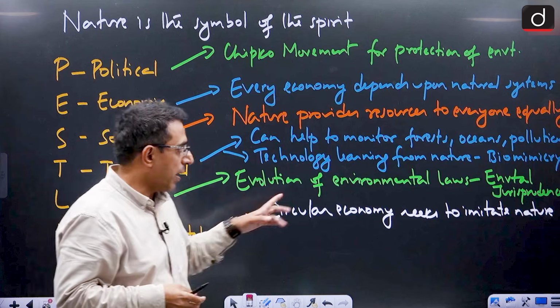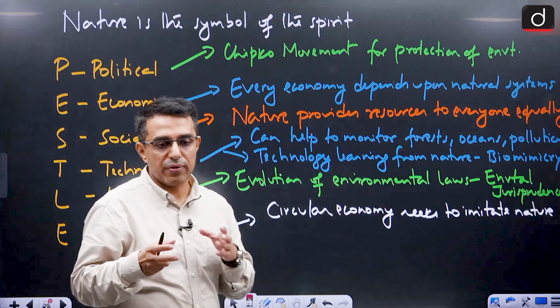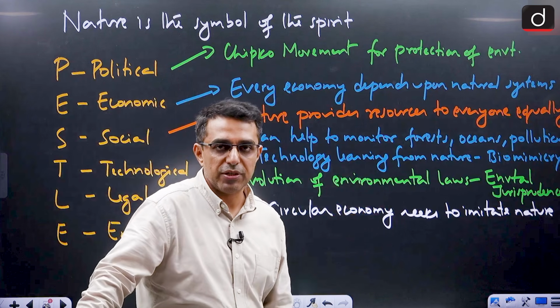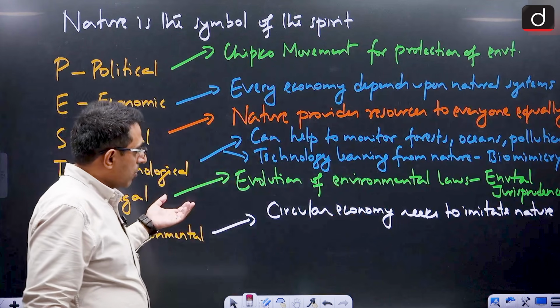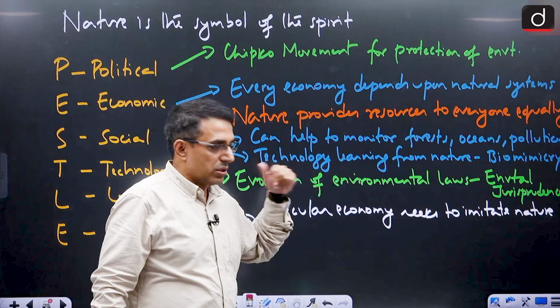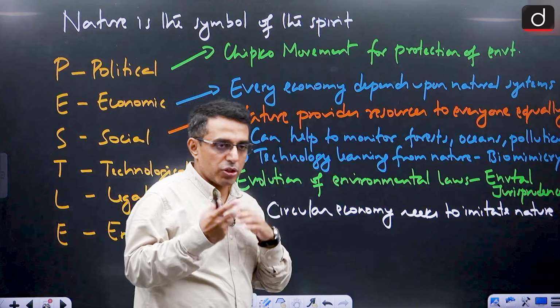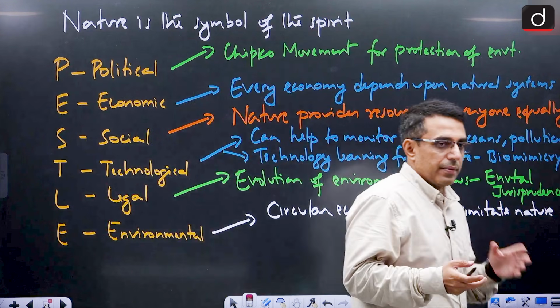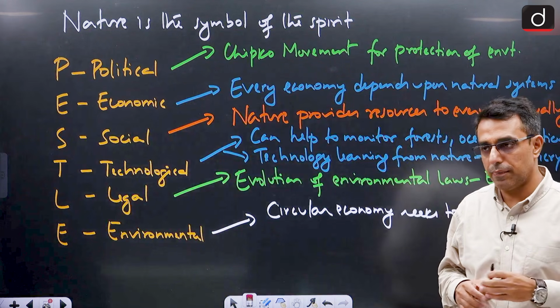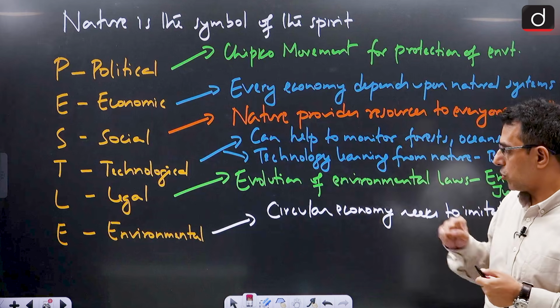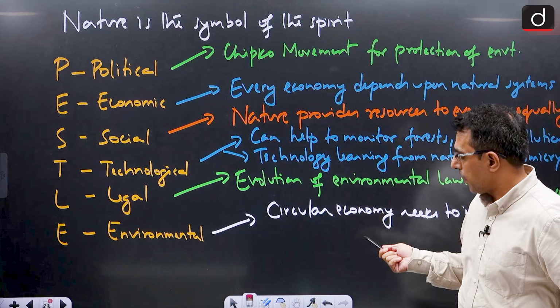It is known as biomimicry, right? We are trying to mimic how nature is operating. Then in terms of legal, we can talk about the evolution of various environmental laws, environmental jurisprudence, the precautionary principle, and the various things which have been done to protect the environment. That can also be explored here.